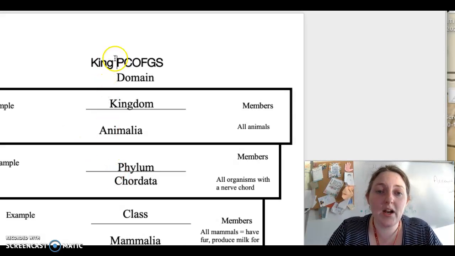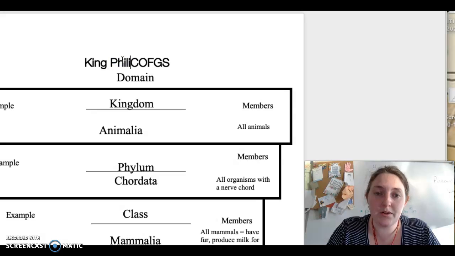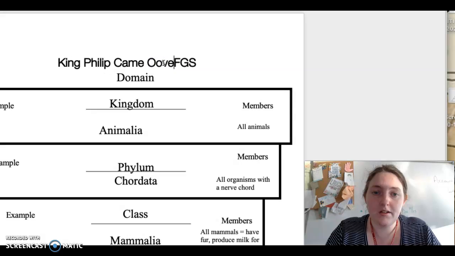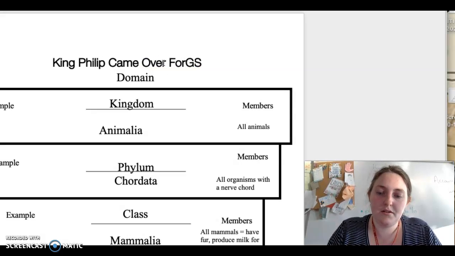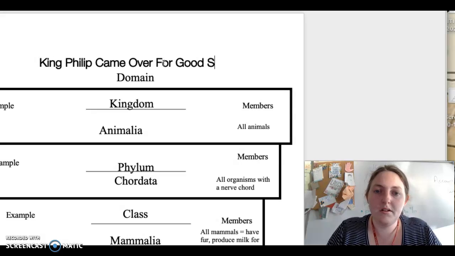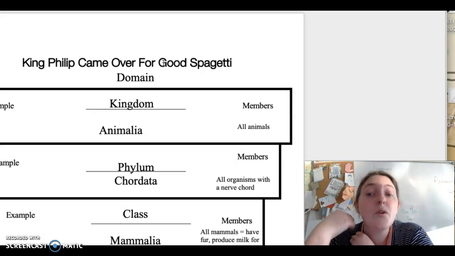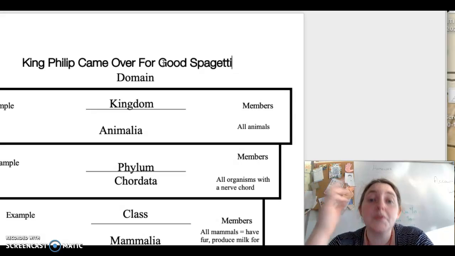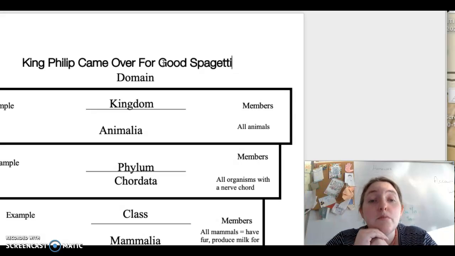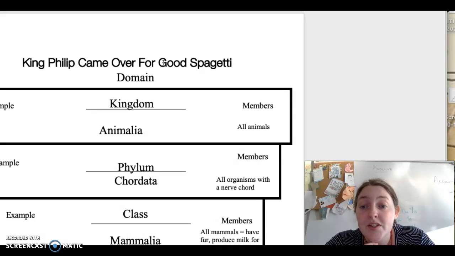But this is the one that always helps me remember the order. If you write that down somewhere, or your own version of this, to help you remember kingdom through species, because you will need to remember the order. So I always remember kingdom through species by King Philip came over for good spaghetti.